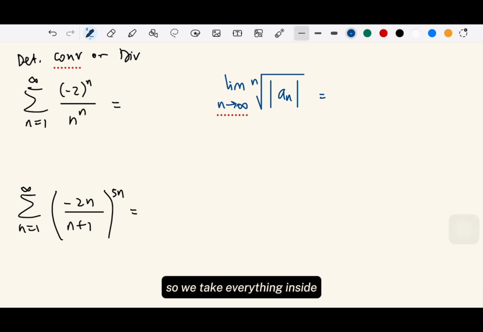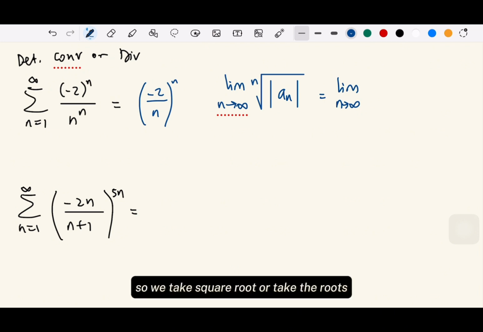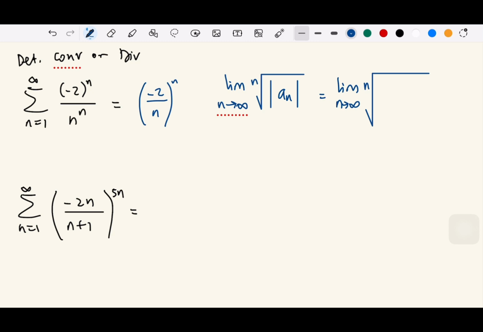We take everything inside and write it like that.